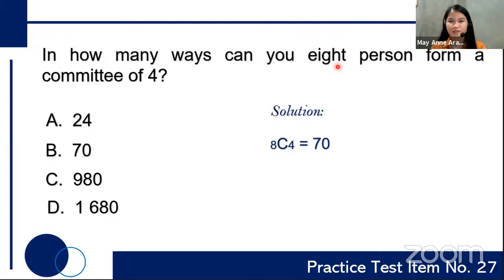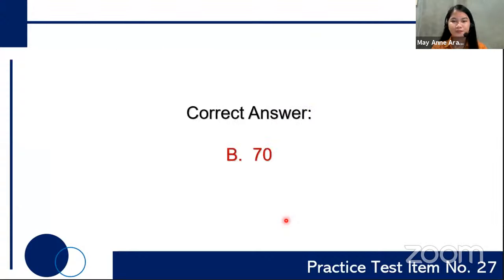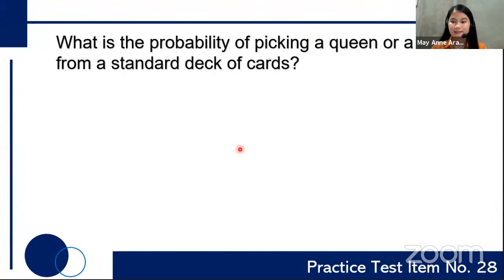From 8 persons, you select 4 persons from the 8. It cannot be reversed; you cannot select 8 from 4. So 8C4. Basically, once it is a selection, you have combination. So that is 8C4, that is 70.